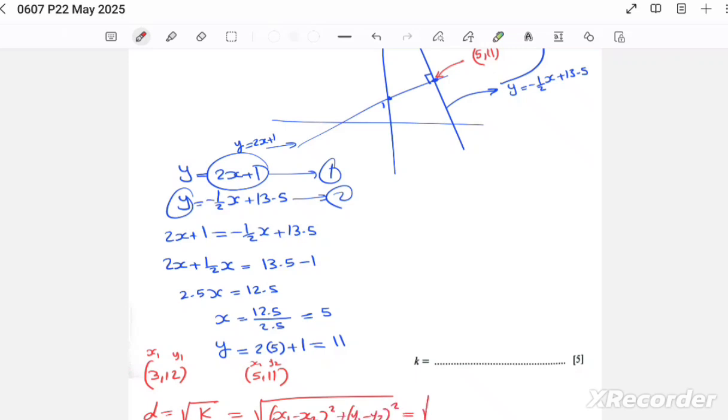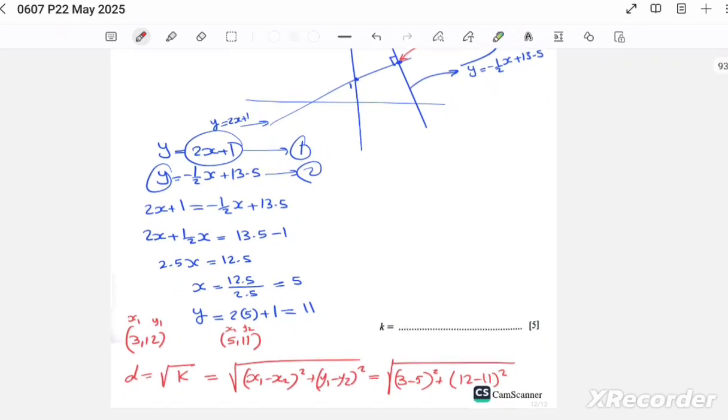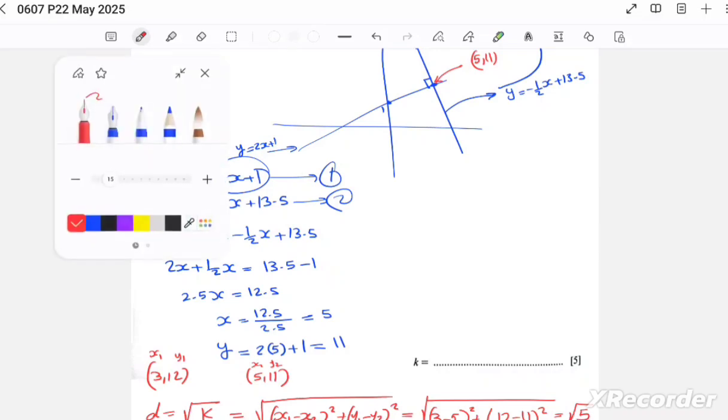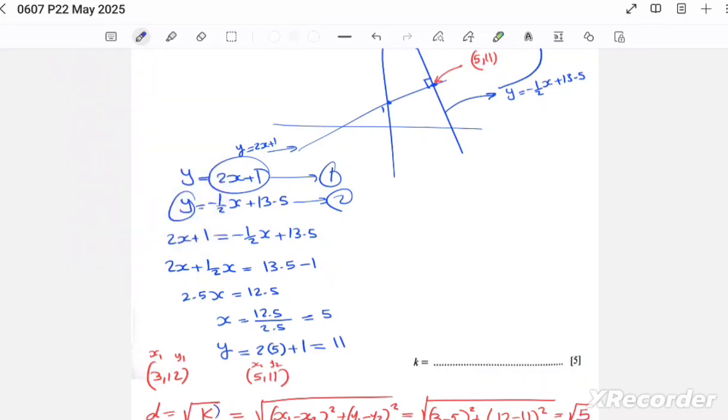So let's substitute. (3 minus 5) squared plus (12 minus 11) squared. 3 minus 5 is negative 2, squared is 4, and there we have 1, so it's the square root of 5. So the square root of k equals the square root of 5, so k equals 5.